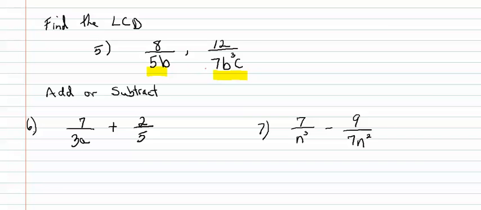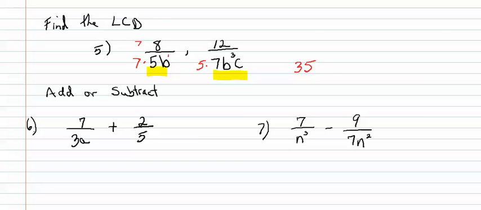I see that they could both make a 35. So I'm going to multiply this by 7, and if I was doing it in a math problem, I'd multiply the top by 7. But we're just worried about the bottom. If I multiplied that by 7, I'd multiply this side by 5. So my number on my denominator is 35.